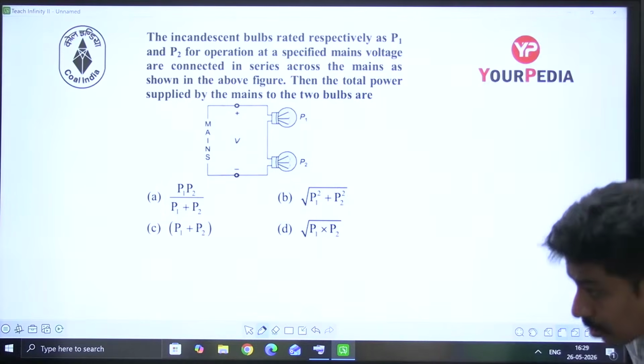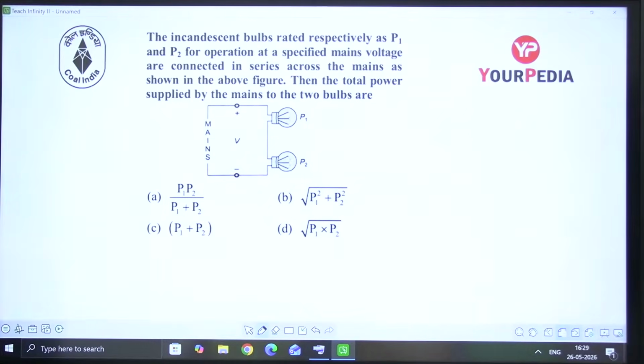Okay, this is also a good question, on powers. Do it, please, all of you.